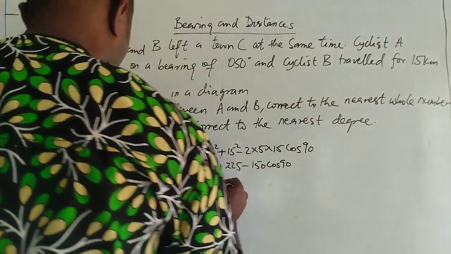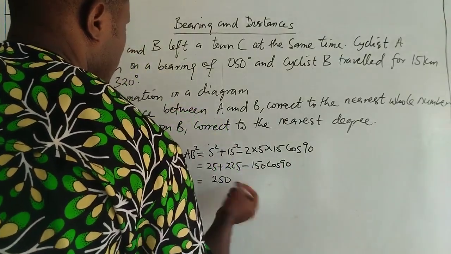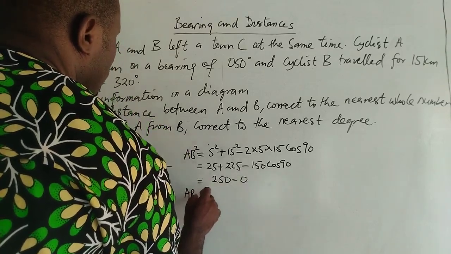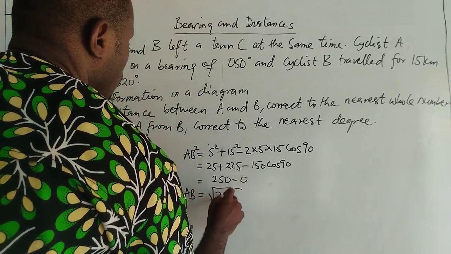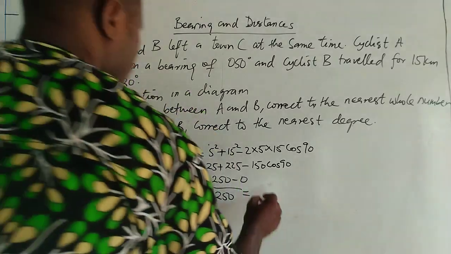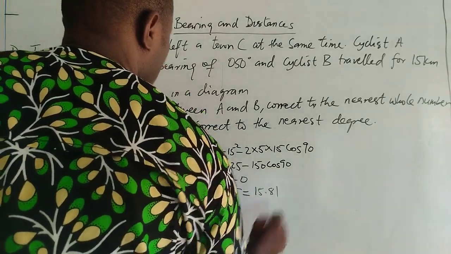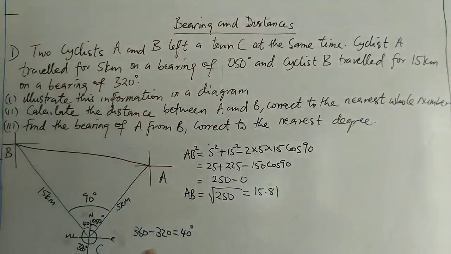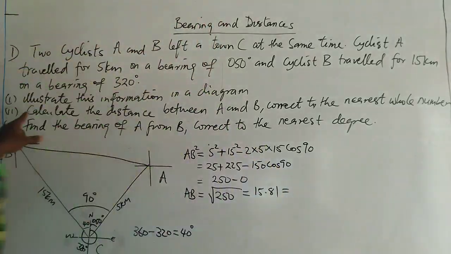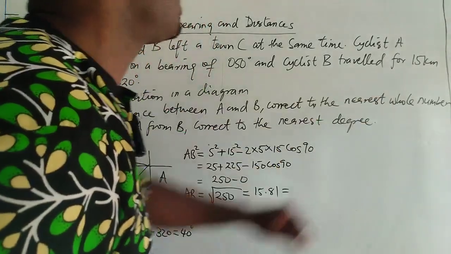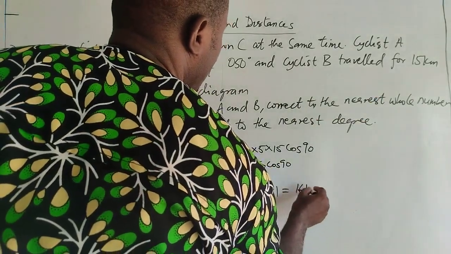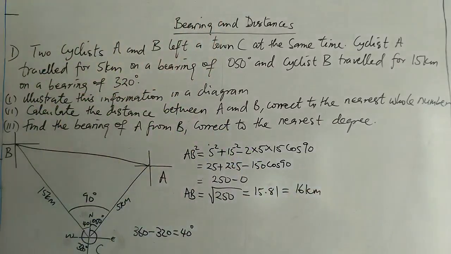Then when you add these two, it will give you 250 minus 0. So AB will now be equals to square root of 250. And that will give us 15.81 to 2 decimal places, but the question says, correct to the nearest whole number. So the nearest whole number of this is 16 kilometers.